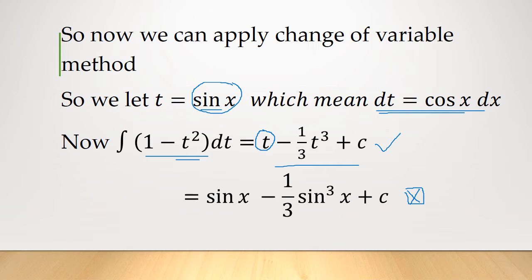When you apply direct integration, this will be this. What we need to do next is substitute t with its respective expression, and thereby we get this as our solution.